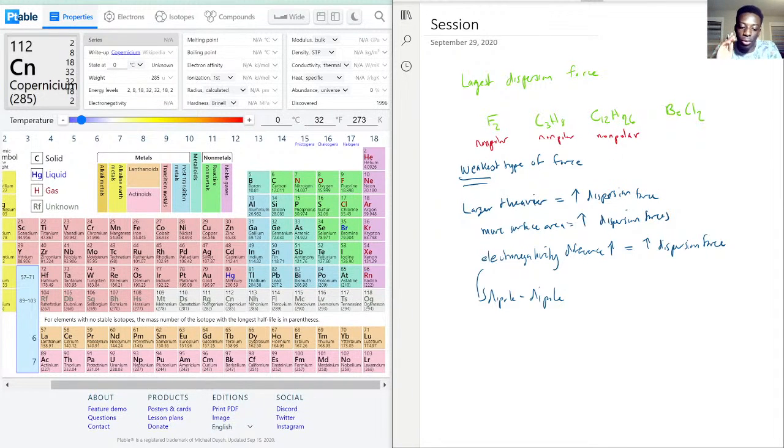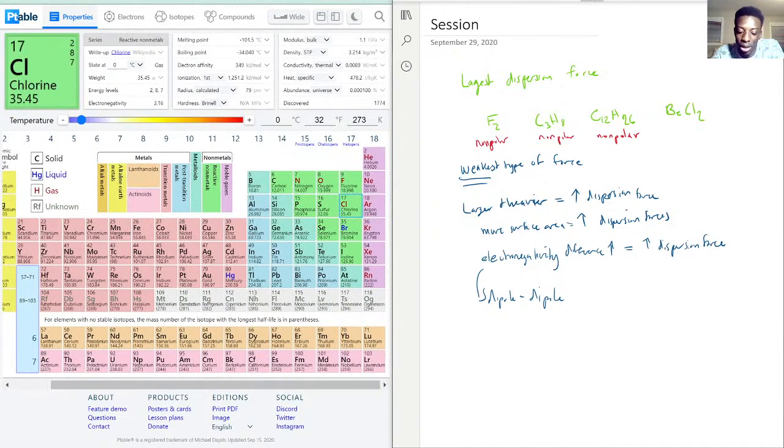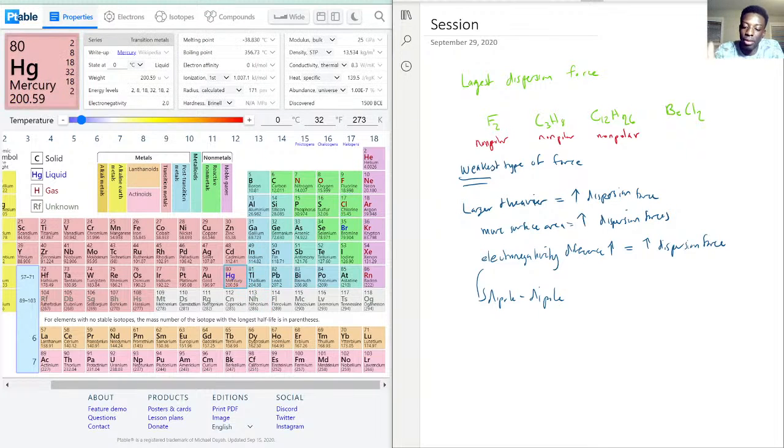Now let's look at beryllium chloride. So beryllium is an alkali metal. So it's actually a metal and a non-metal, and if you remember, that's an ionic bond. And ionic bonds form dipole-dipole, as in there's definitely a positive side and a negative side.